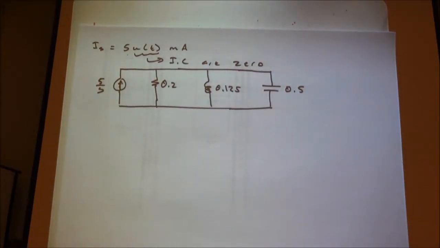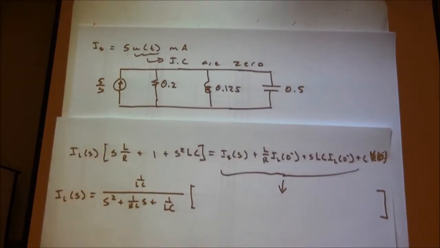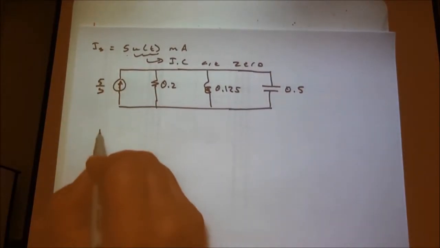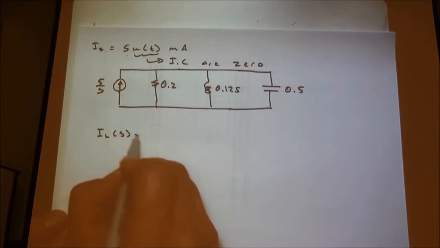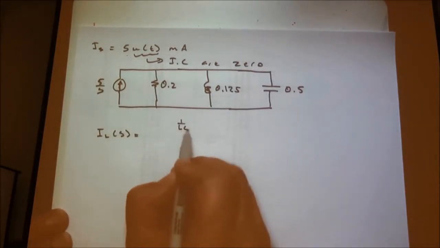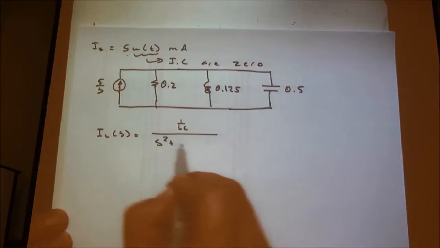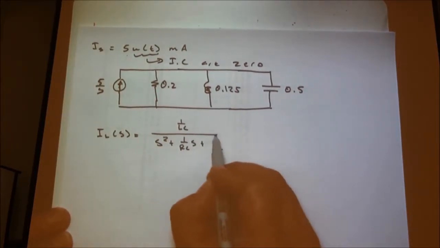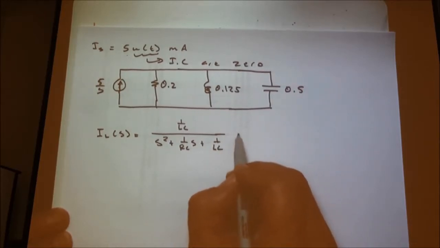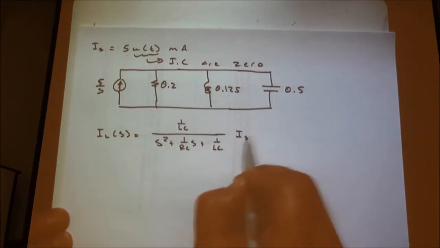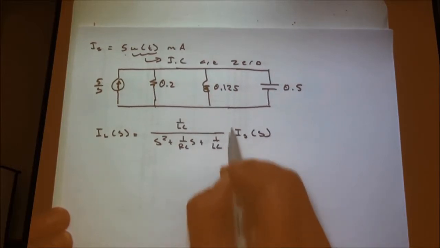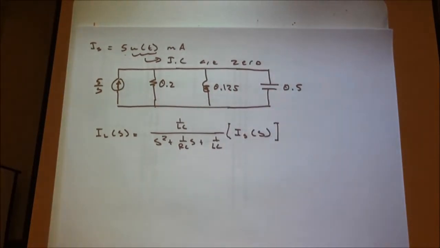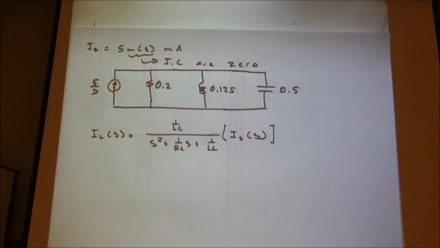And we can go back to our nice messy expression that we just wrote out, and we can now say I_L(s) equals 1 over LC over s squared plus 1 over RC s plus 1 over LC, times I source of s. So many phone calls today. And so we can plug in values there if we do a little bit of math.